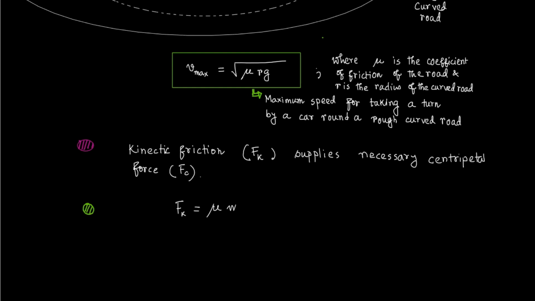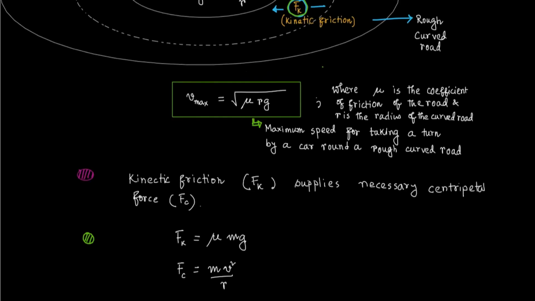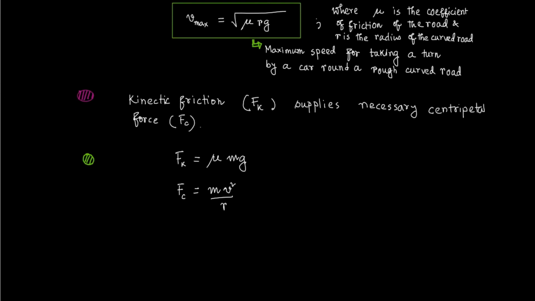Fc is equal to Fk, kinetic friction Fk equal mu mg, and Fc equal m vmax square by r. Here it should be m vmax square, here it is written as mv square. It should be m vmax square because the car has to turn with maximum speed.